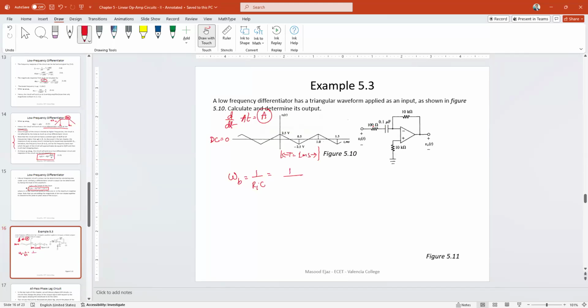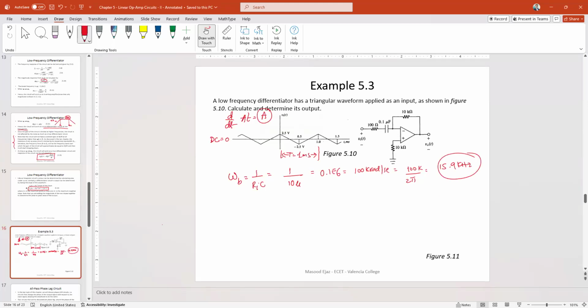So 1 divided by 100 times 0.1, which is 10 micro. That is 100 kiloradian per second, which can be converted by dividing by 2 pi: 100 exponent 3 divided by 2 times pi is 15.9 kilohertz.